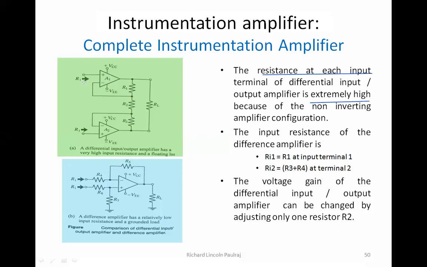Now the input resistance of this difference amplifier: let us say Ri1 is equal to R1 at input terminal 1, and similarly Ri2 is equal to R3 plus R4 at terminal 2.